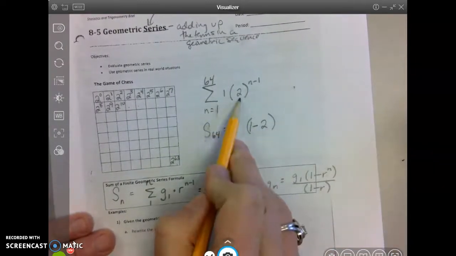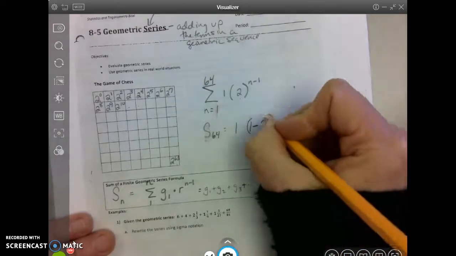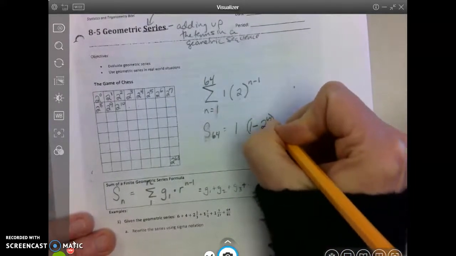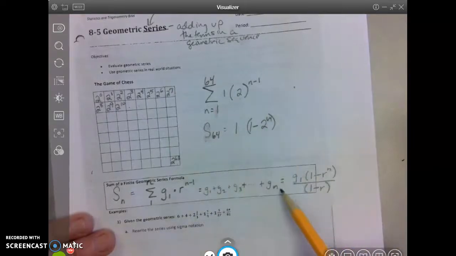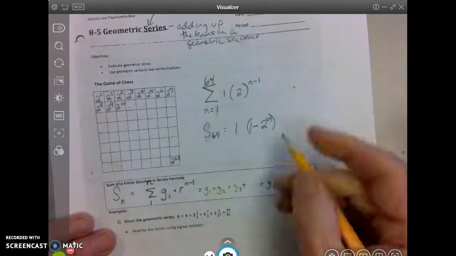Right there, that's my r. And that's going to be to the 64th power, not to the 63rd. Notice these match. This should say S sub n.